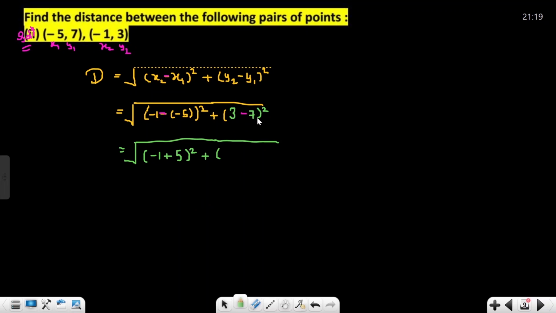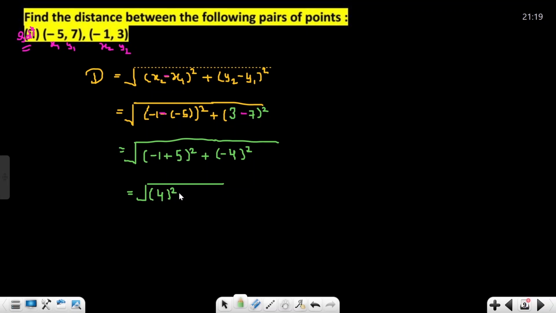Now 3 is positive, 7 is negative, subtract, 7 minus 3, we get 4. Which term is greater? 7. 7's sign is negative, so give here a negative sign and square. Minus 1 plus 5, always one term negative, one term positive, subtraction. 5 minus 1, 4. Which term is greater? 5. 5's sign is positive, so no need to give the positive sign.